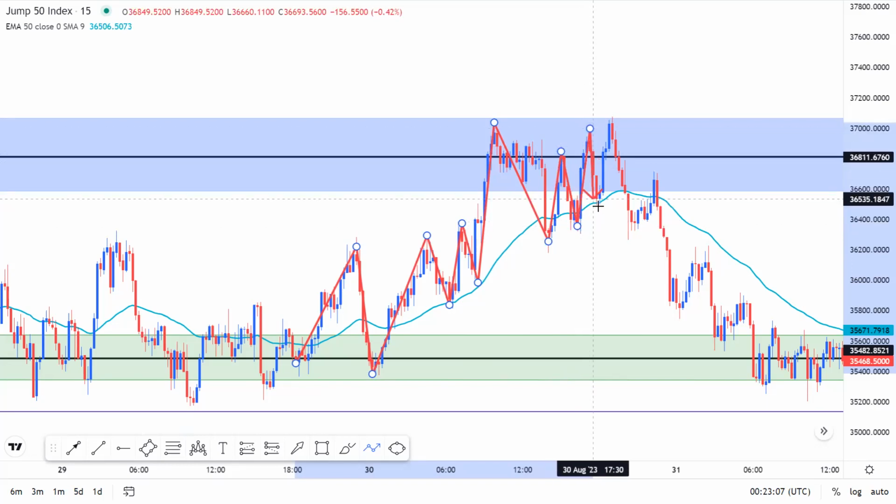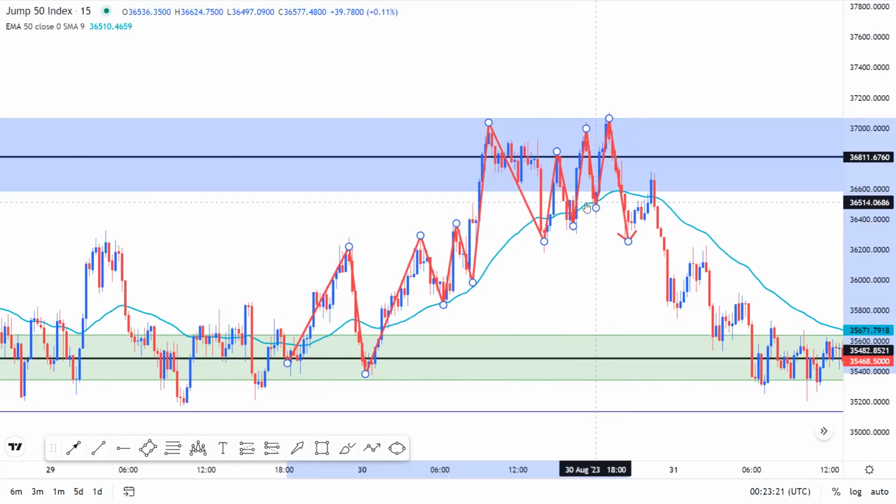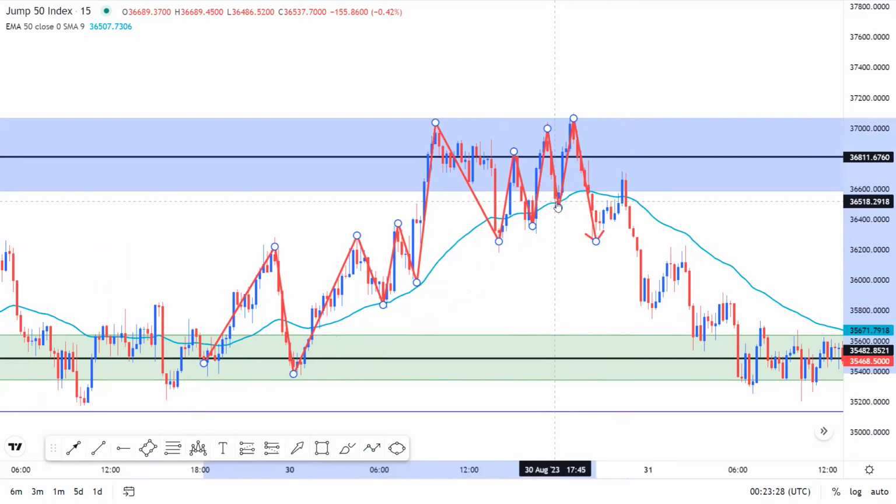And then this was where we had the nice shift in structure, where we had this sell-off that closed below this previous higher low, shifting the market structure from bullish to bearish.